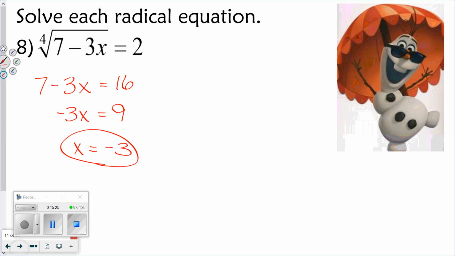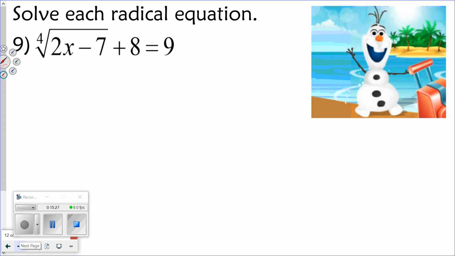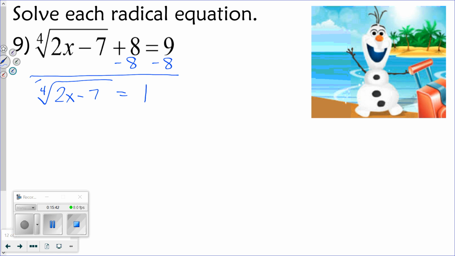Okay. So you want to see how this actually does get harder? Before that, do number 9 on your own. All right. So we had to subtract the 8 first. So we have the fourth root of 2x minus 7 equals 1. To undo the fourth root, we will raise it to the fourth power.